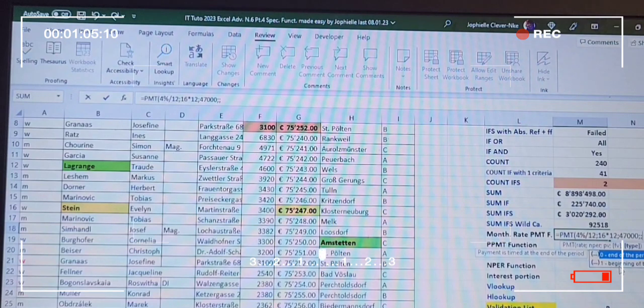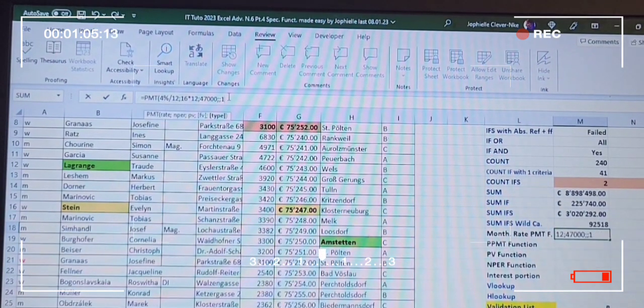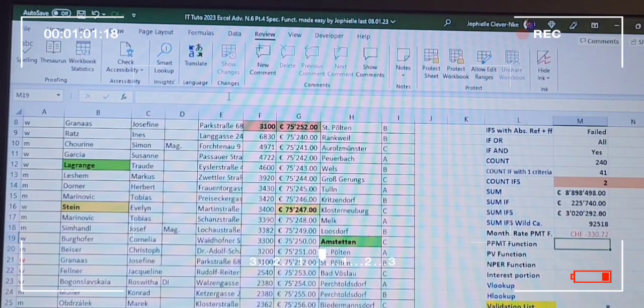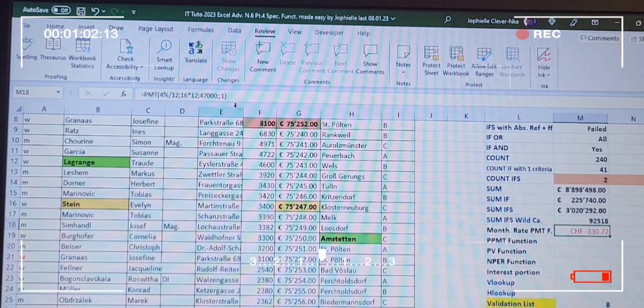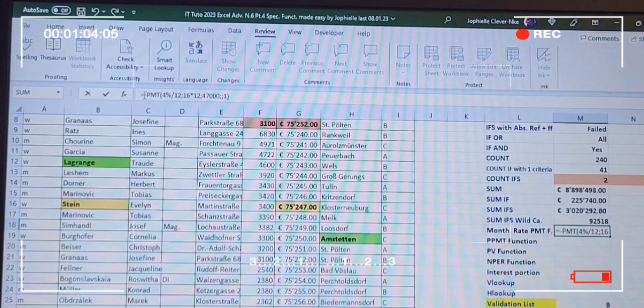And we want the beginning of the period. So we are going to choose 1 here. And then enter. And now we have a red value coming. Why? Because it's money going out. So we need to just go ahead and insert a minus in front of our function. And enter. And now we have it black.